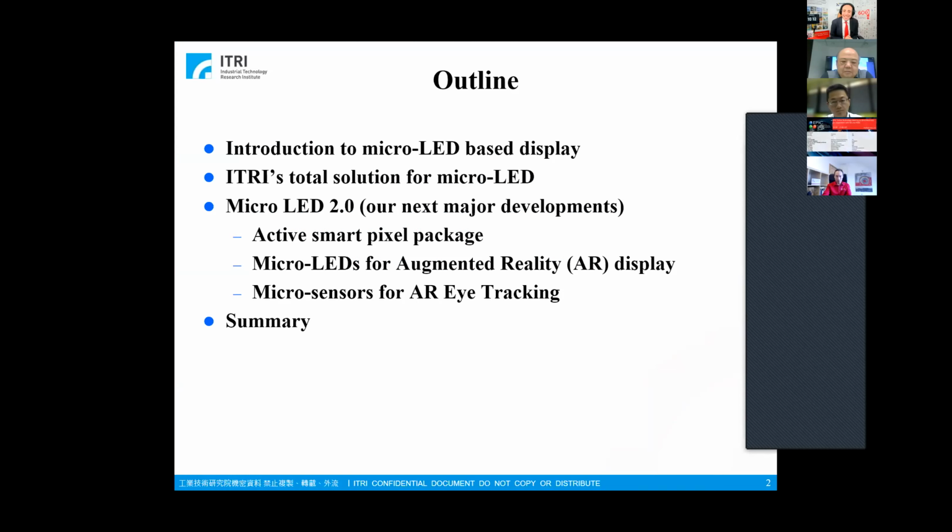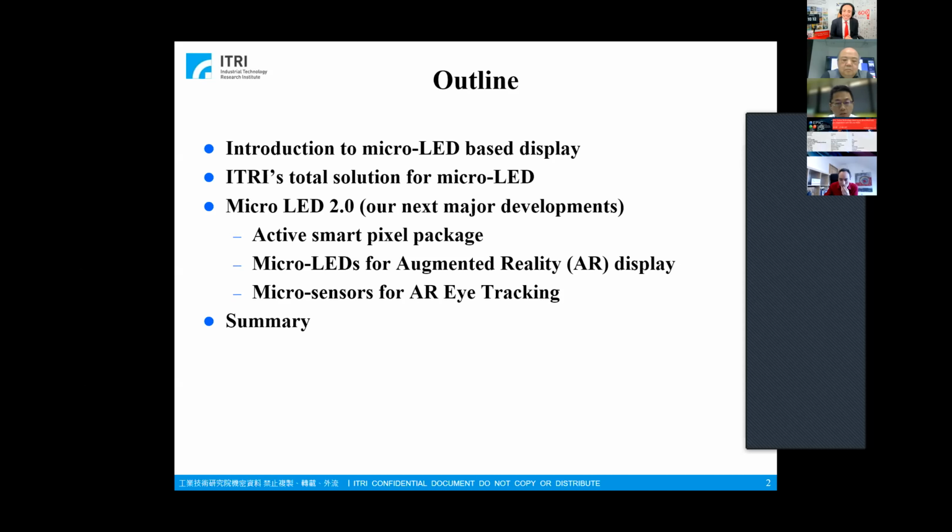For the outline of today's report, I will go through the introduction, ITRI's total solution for micro-LED, and what we are working on for the next generation micro-LED technologies. Active smart pixel package is a kind of pixel package including RGB micro-LEDs, micro driving ICs, and a sensor on it as well.